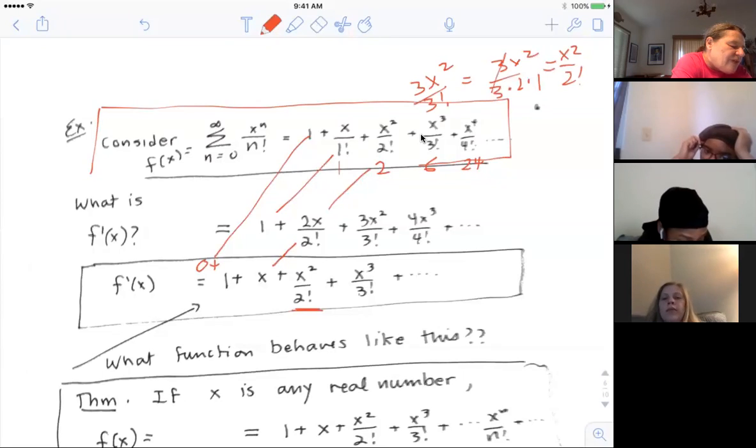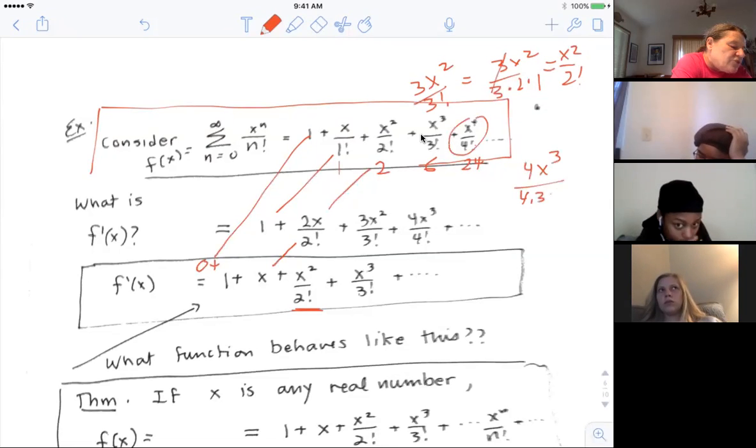We'll do one more. Look at the derivative of x to the 4th. If I differentiated that, that would be 4x cubed over 4 factorial, which is 4, 3, 2, 1. The 4's go, and I've got x cubed over 3 factorial.